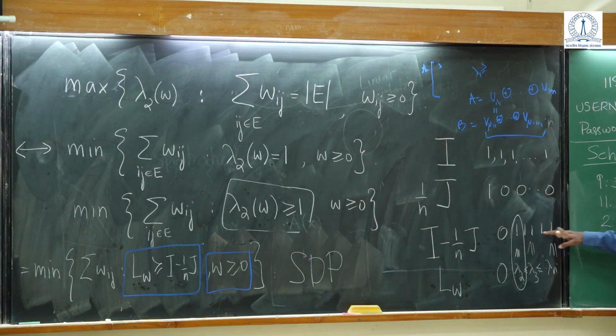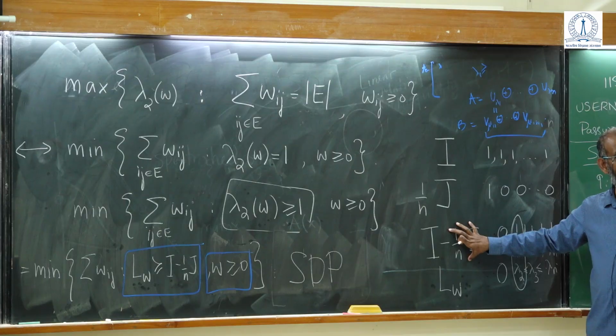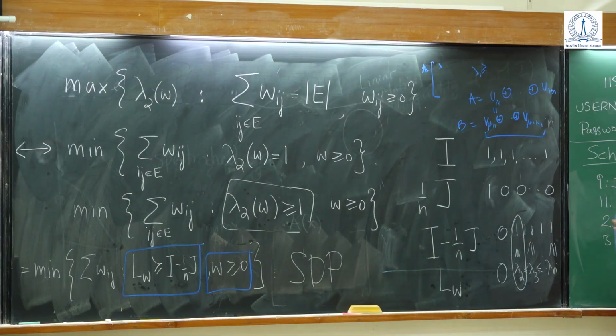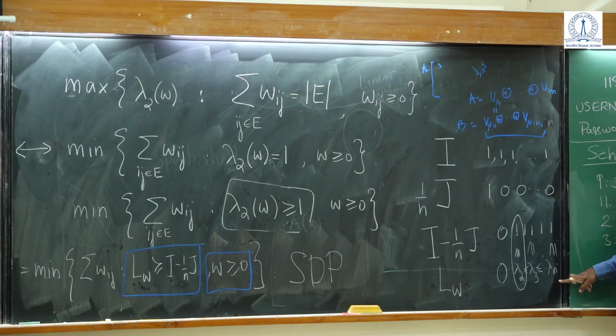You have just taken out the part of the identity which gave you the all ones vector, so that's to be treated separately, but other than that we have everything else. So in particular all the other eigenvectors of L_W are also eigenvectors of I minus 1 by n J, okay.